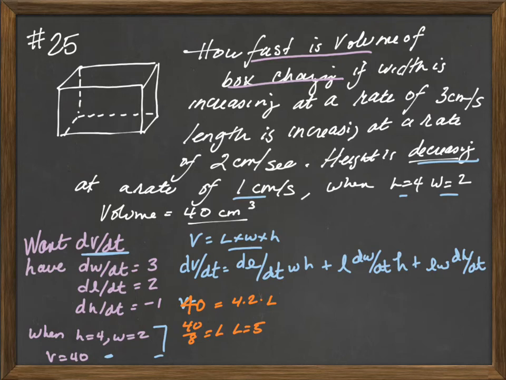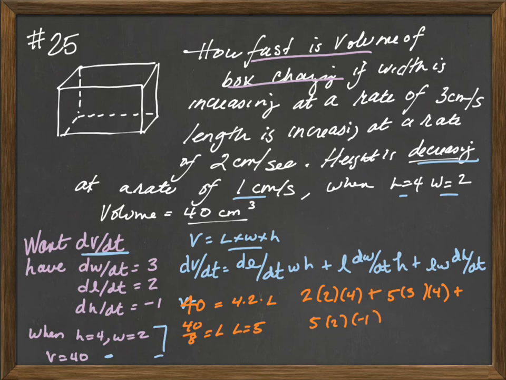We want dV/dt. We know dl/dt is 2, and the width at the time is 2, and the height we know is 4, plus l, which we found out was 5, dw/dt is 3, and h is 4, plus l, which was 5, and w, I'm trying not to get confused, 2, and dh/dt is -1.